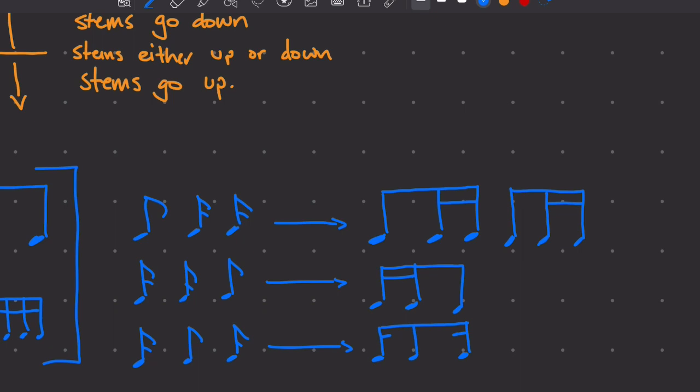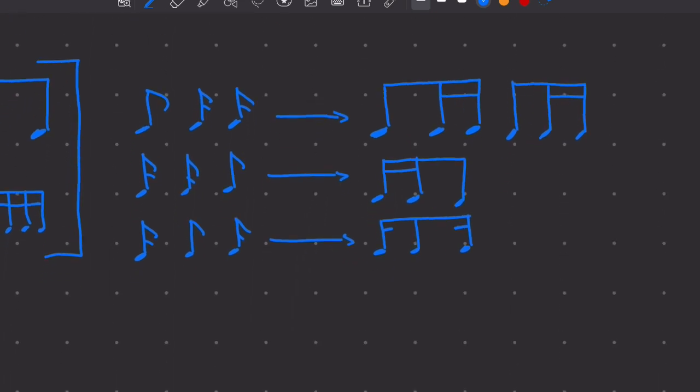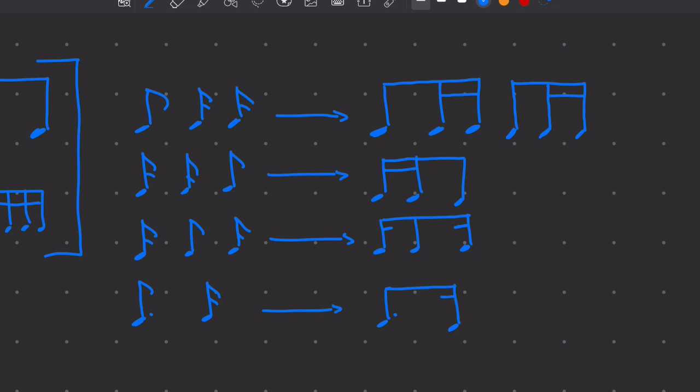So there I have three possibilities of my 8th note and 16th note groupings. If I have a dotted 8th note and a 16th note, again, I show that I have a dotted 8th and my 16th note, and I beam it together and I add a small tick.